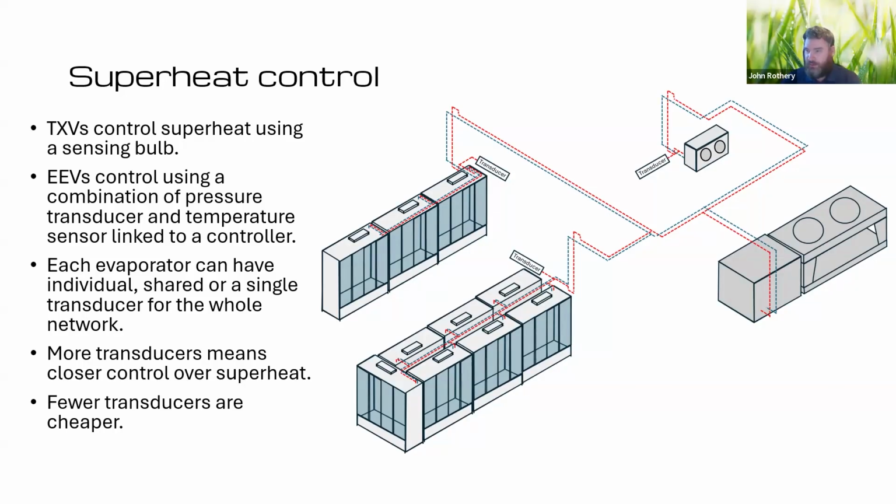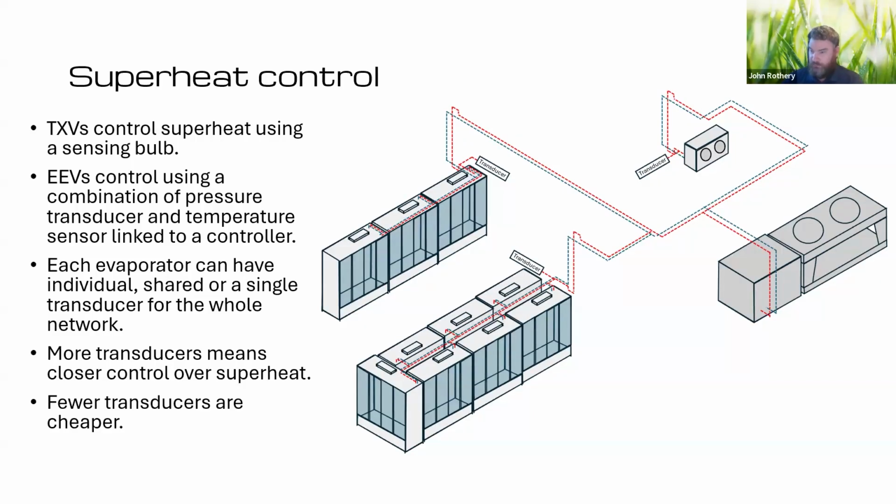The risk you've got with a common transducer on an island is if that transducer fails, a lot of the controllers have a backup value you can input. So say that's set. All those cases would then go, well, we've all got the same superheat, we'll all start controlling the same way. You run the risk of getting flood back a lot quicker, because all those valves will then start driving to an inaccurate reading.